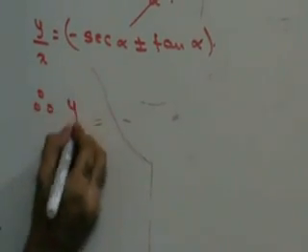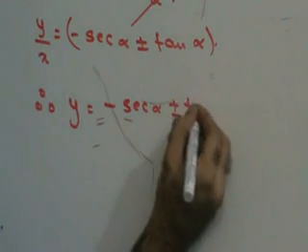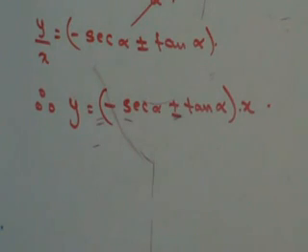Therefore, you can say y is equal to minus sec alpha plus minus tan alpha into x. This is in the form y is equal to mx, but y is equal to mx represents the equation of a line passing through the origin.